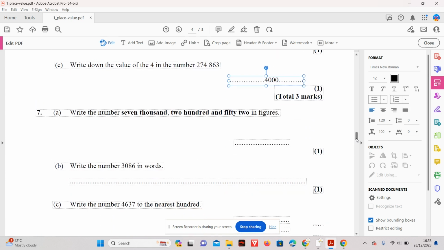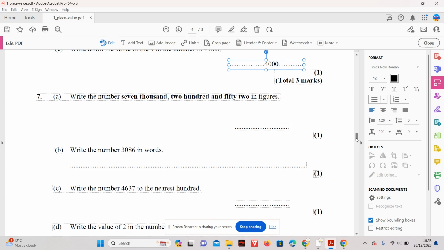Right. Next question, write the number 7,252 in figures. So we've got 7,200, 5 tens and 2 ones, 7,252 in figures.